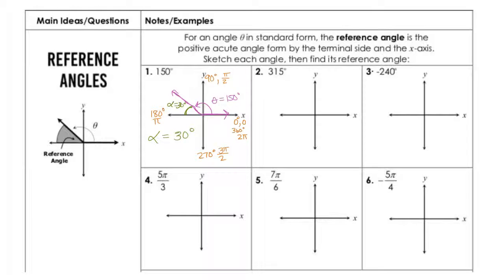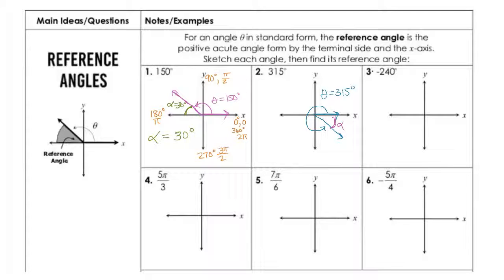In number 2, you're given that you have a given angle of 315 degrees. So 315 is almost all the way around. So we're going to start here at 0. 315 is going to end somewhere here. So there's your given. So theta is 315. So alpha, or our reference angle, again is going to be the part that's inside here.